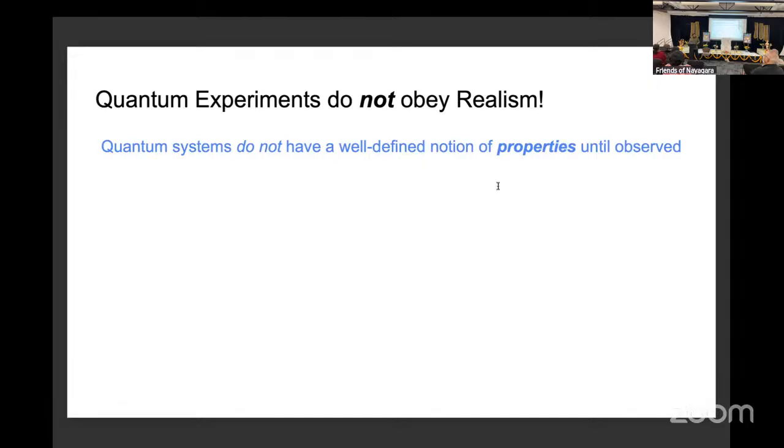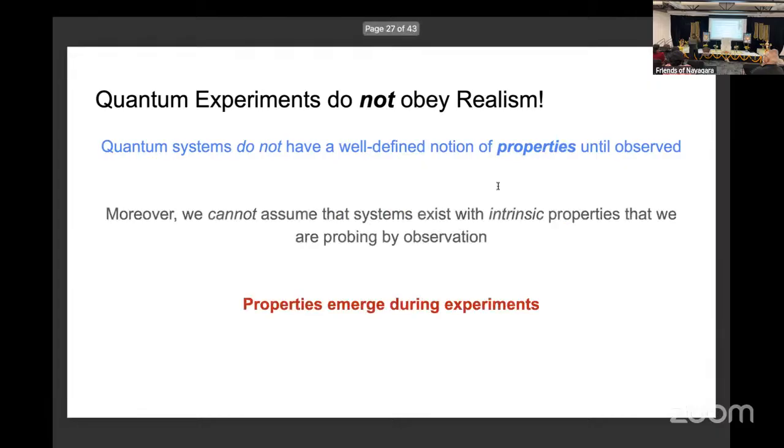When you observe it, yes, you get some experience. But collating all those experiences collectively and trying to create a picture of underlying properties or intrinsic properties, you can't create a picture like that. We cannot assume that these systems exist with intrinsic properties that we probe by observation. You can't make that assumption.